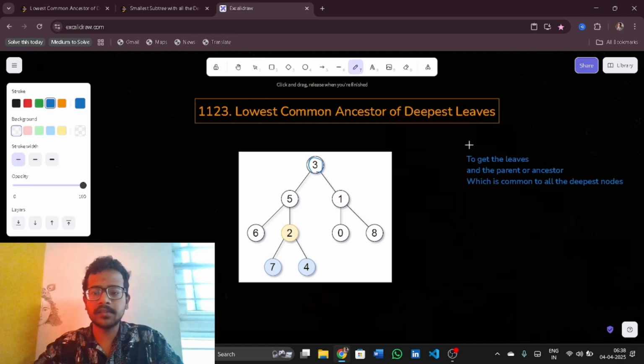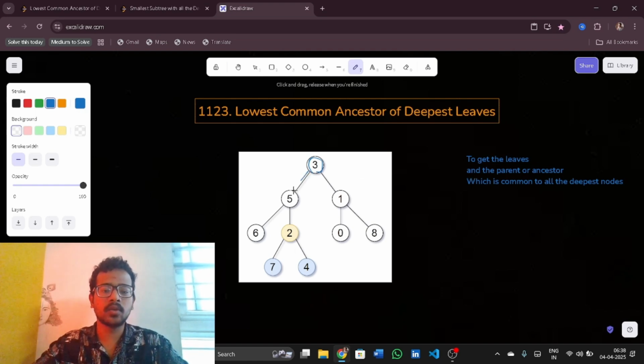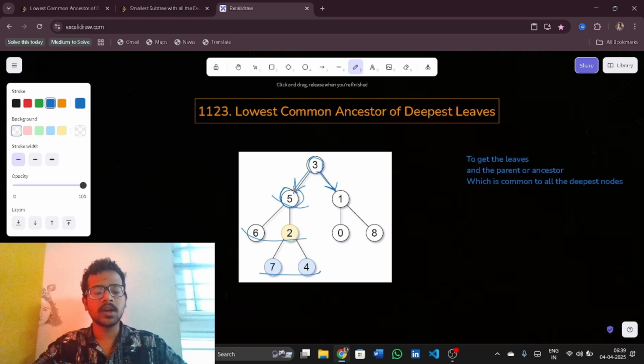So I need to decide whether to go left or right. Here I have depth one, two, and then three. This node has a depth of 3, but this node has an inclusive depth of 2.